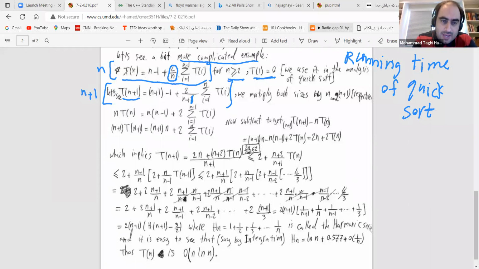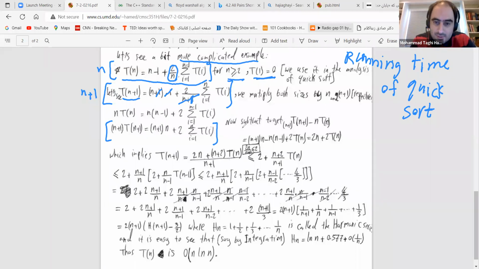If we have n times that, we have n times T of n equal to n times n minus 1, because we have n minus 1 here, times n, plus 2 times the sum over i equal to 1 to n minus 1 of T of i. The other one is this, where we multiply by n plus 1, giving n plus 1 times T of n plus 1. Here the factor cancels out, so it will be 2 times this sum.